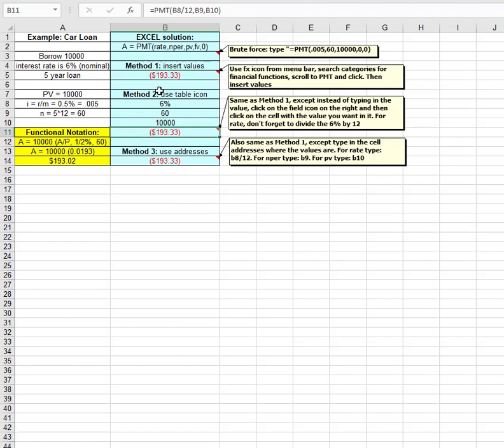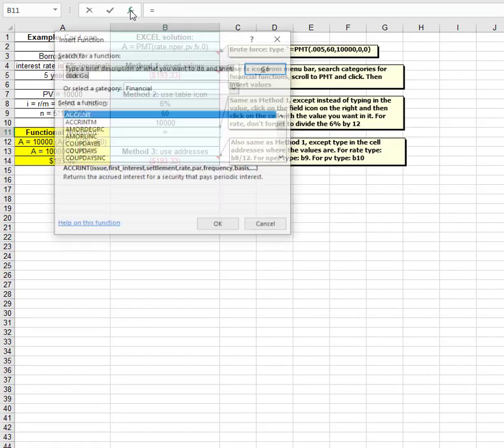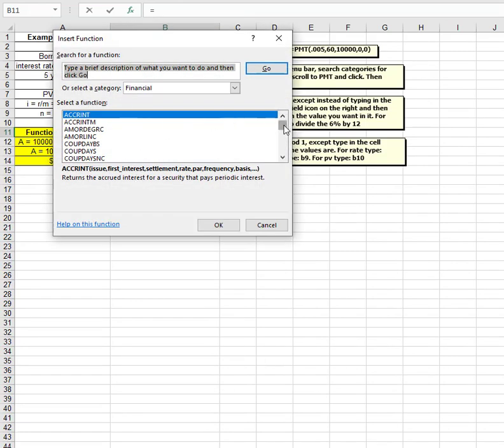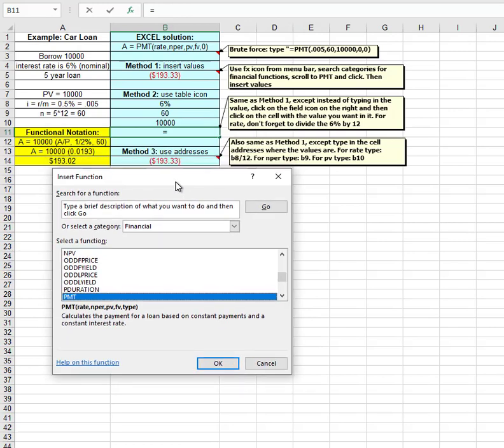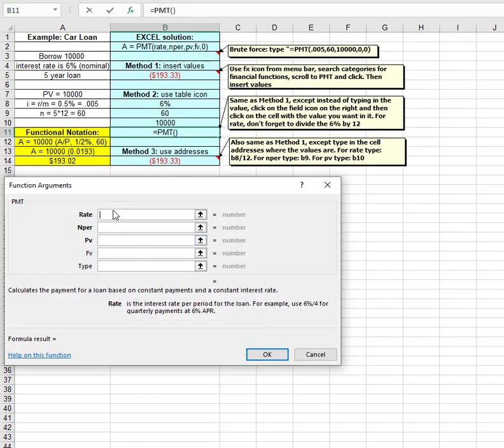Okay. Now method 2, we're starting out with the same thing. We have our payment function, but let me go ahead and clear that out. We're going to pull up our payment function again. But here, instead of typing in the values, we're going to click on cells where we've already preloaded the values.